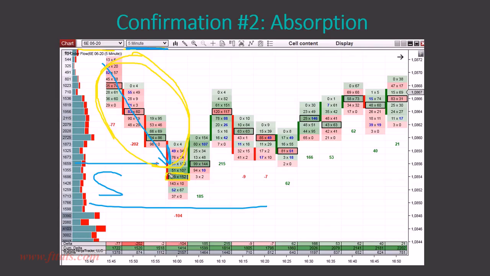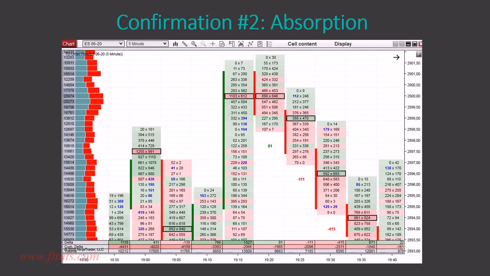So that's how you can tell that this is an unusually big number, way above average, and it appeared in here in your support zone. So as soon as you see unusually big numbers appear in here, you go long. This is the absorption. Heavy volumes on bid as well as on ask.